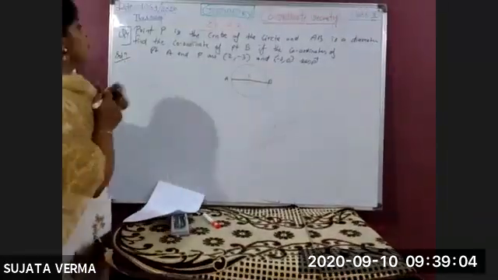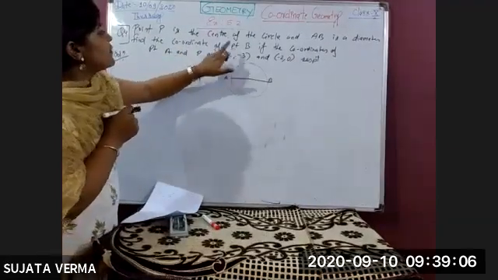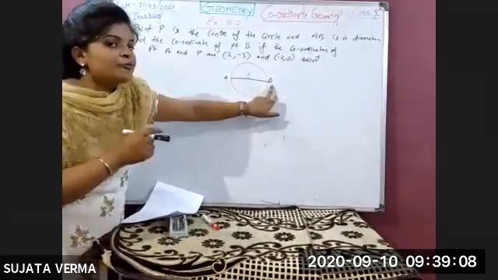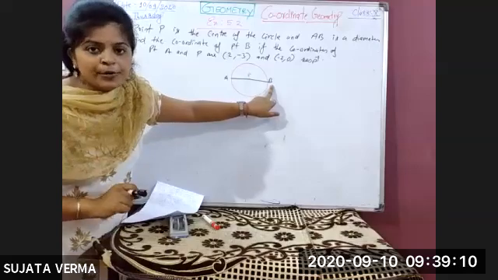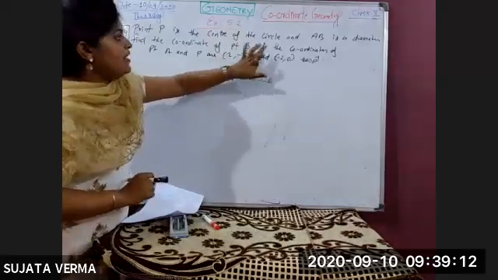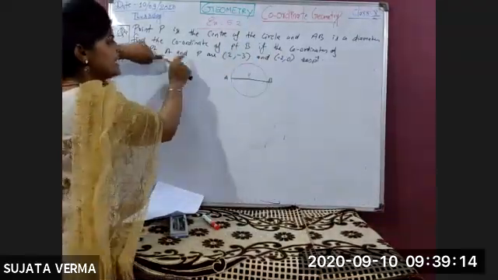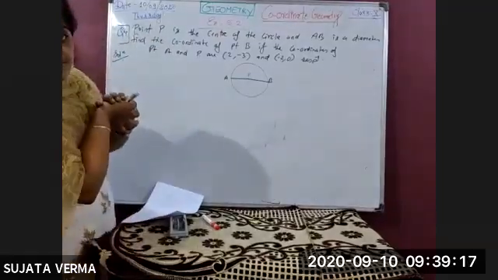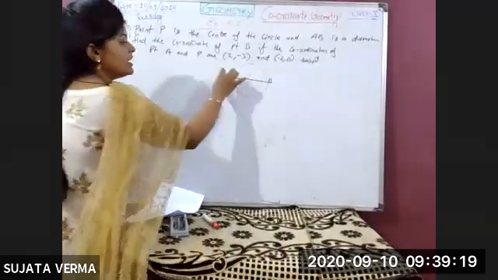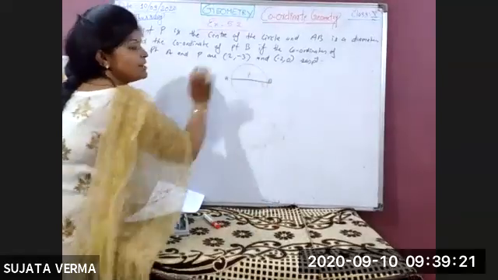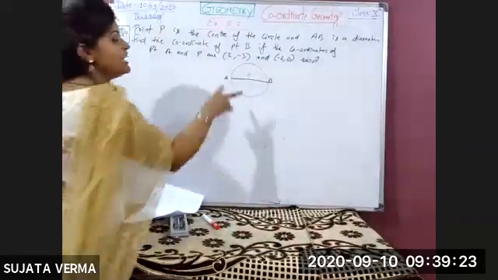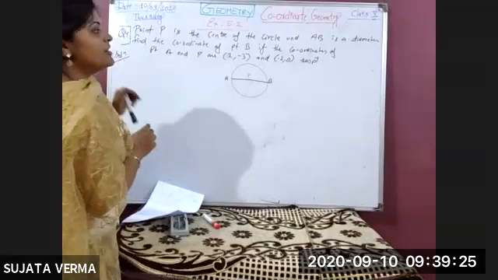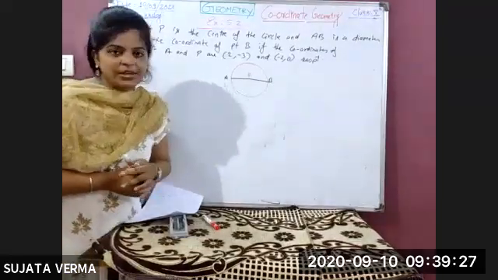Clear? Now we have to find the coordinates of B, if the coordinates of points A and P are given. In the previous question, A and B were given and we found P.